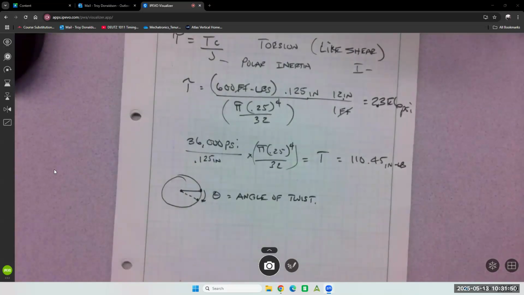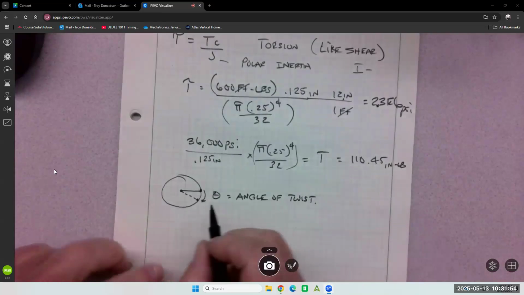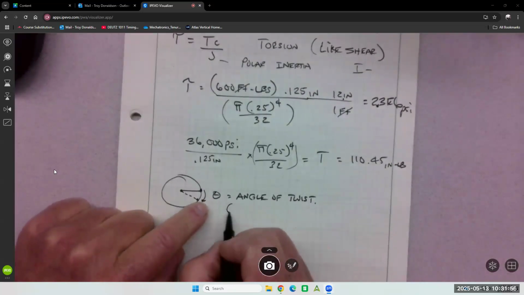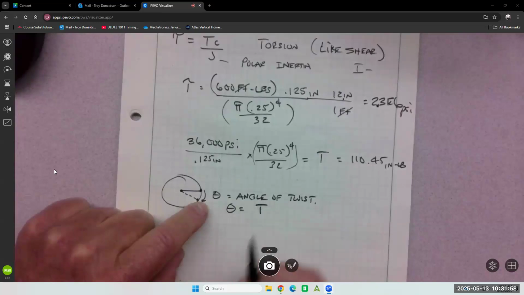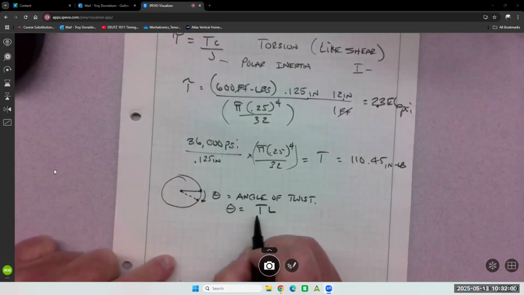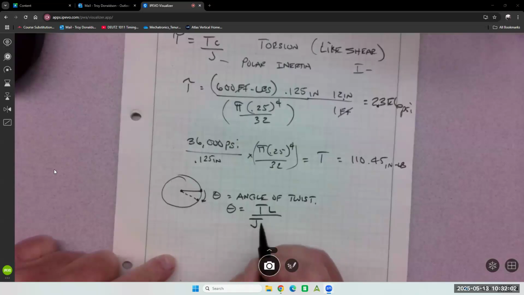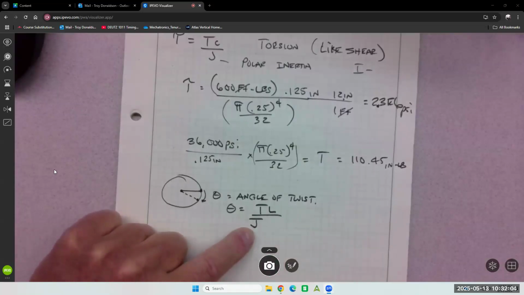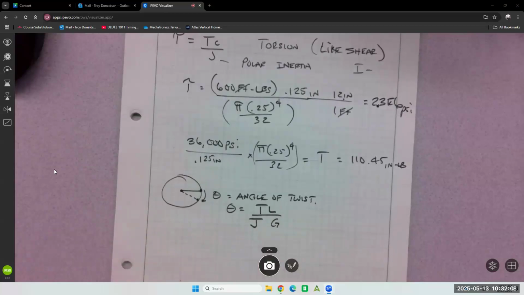So to get angle of twist, the equation is, and they use theta, torque times length over polar moment of inertia, which we just talked about, and a new material property, G. G is like E. E was the modulus of elasticity.